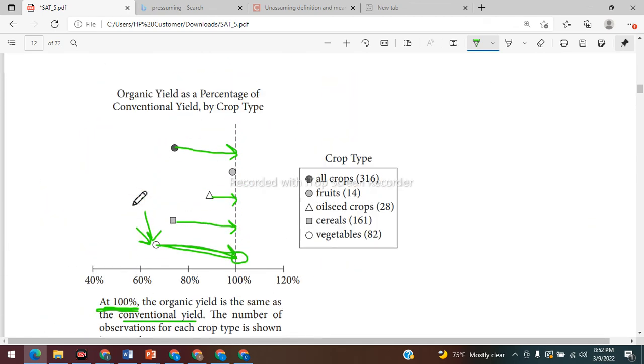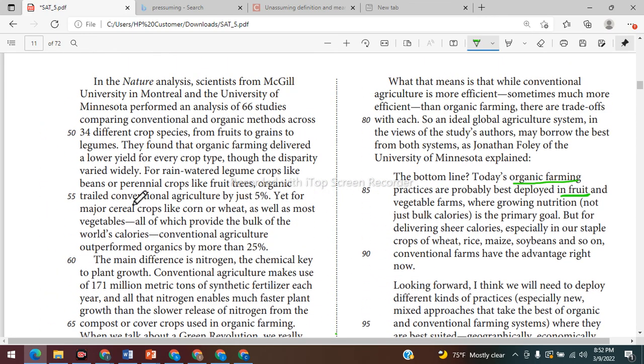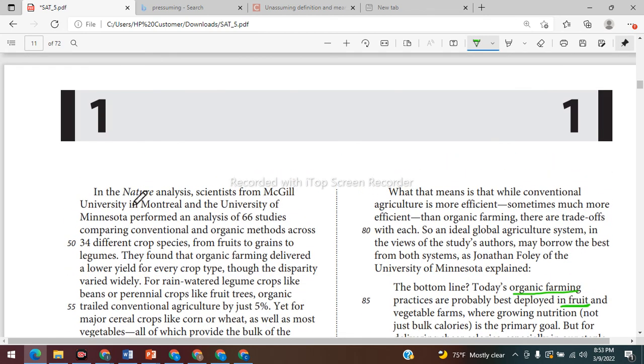I think it's B. Let's look at lines 40 and 42 to really hit this one. What did I say? Line 40 to 42, right?